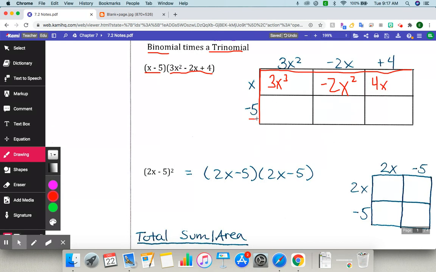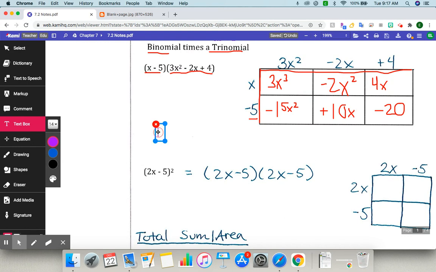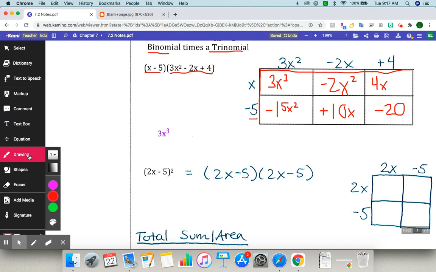Negative 5 times 3x squared is negative 15x squared. Negative 5 times negative 2x is positive 10x. And then negative 5 times 4 is negative 20. So adding all of those terms together, I'm actually going to combine like terms as I'm adding.